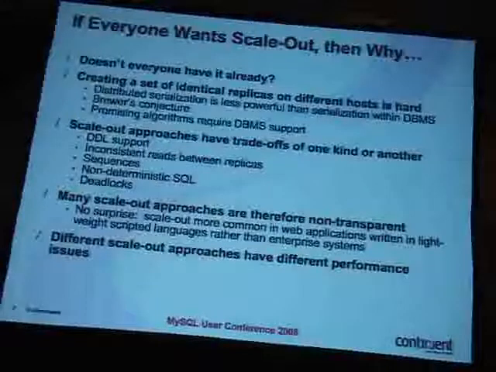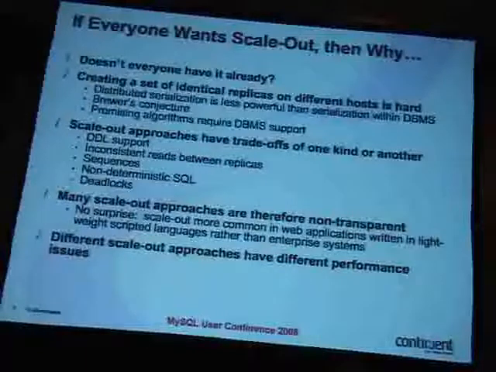It turns out that creating a set of identical replicas across a set of distributed hosts, distributed processes, is a very hard problem. So, for example, if you're trying to serialize transactions just in middleware, if you have somebody receiving a bunch of SQL requests and trying to make equivalent copies on a bunch of databases, it turns out the algorithms to do that are not as good as the serialization algorithms inside a database.